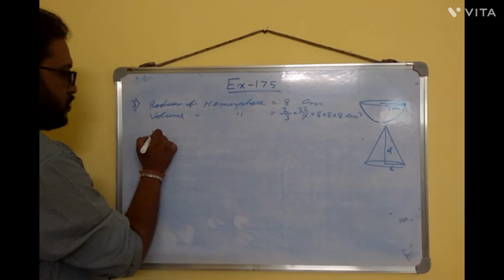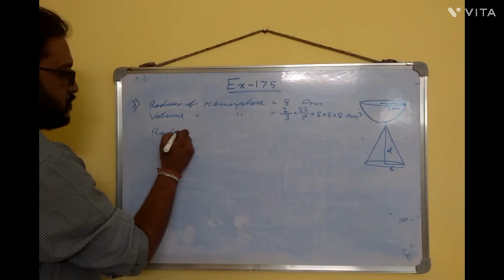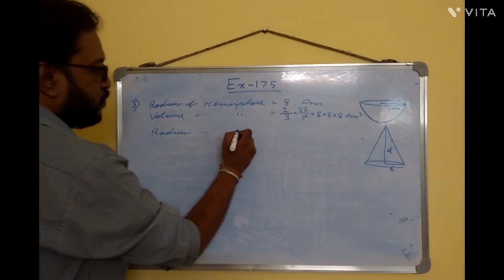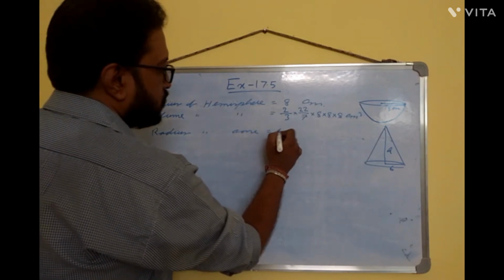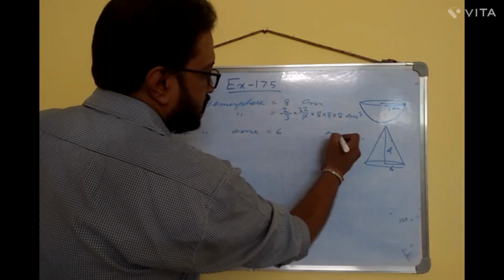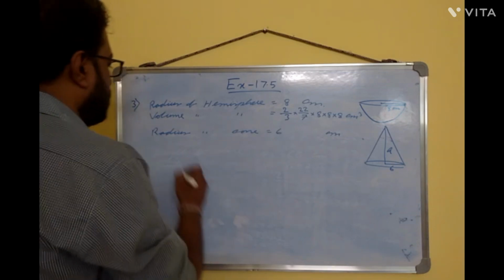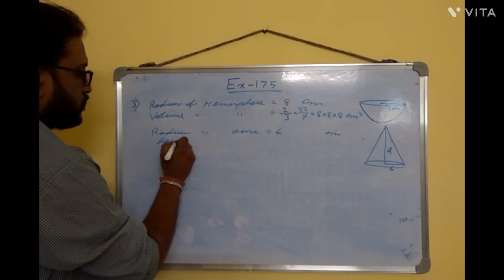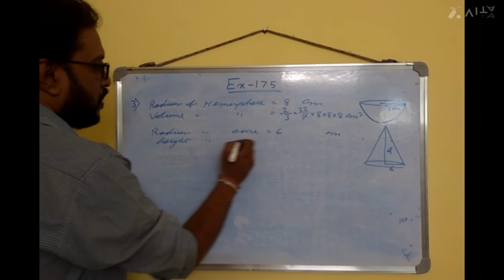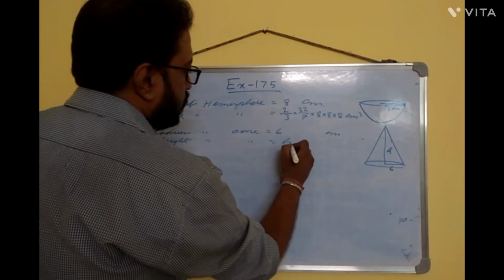Now radius of cone equal to 6 centimeter. Radius of cone is 6 centimeter. Height I don't know. Height of cone, I don't know.